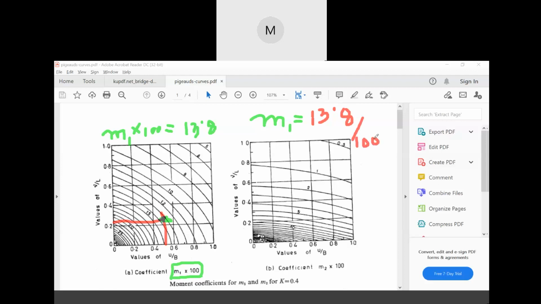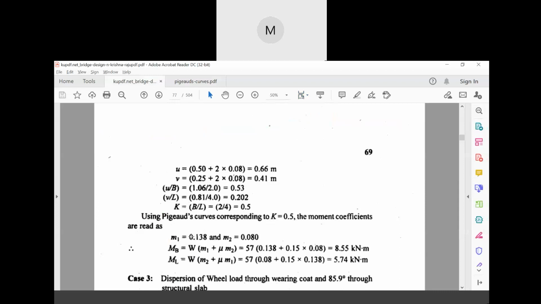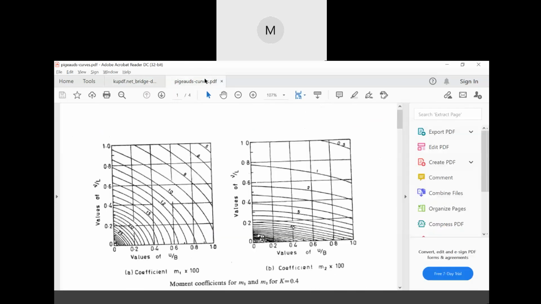So we are getting it as 0.138. I think it is clear for you now. I hope it is clear for you now. Yes? Okay, good. Fine.